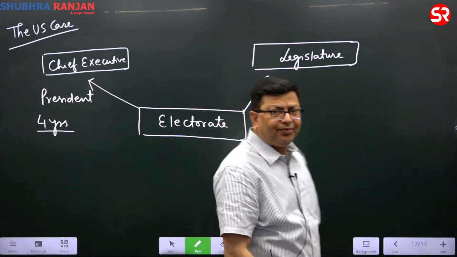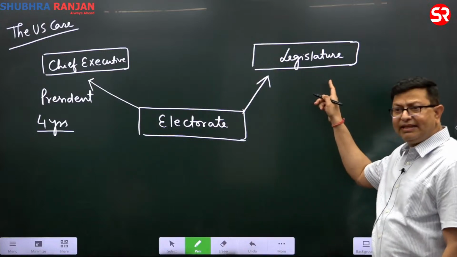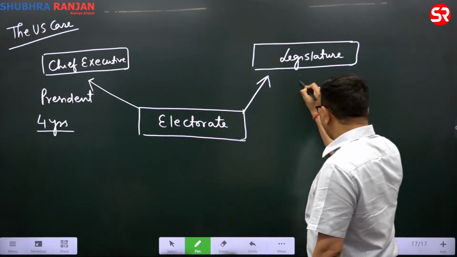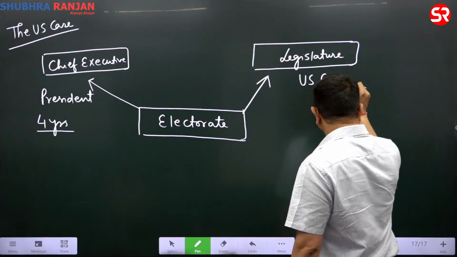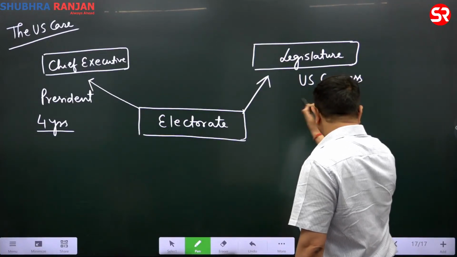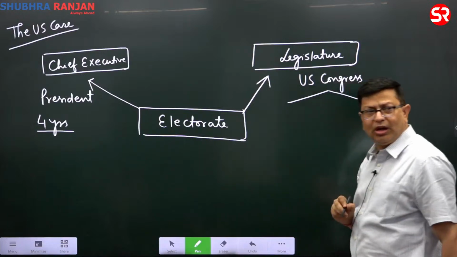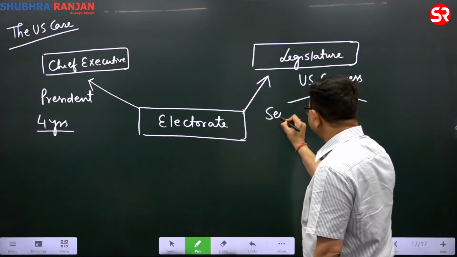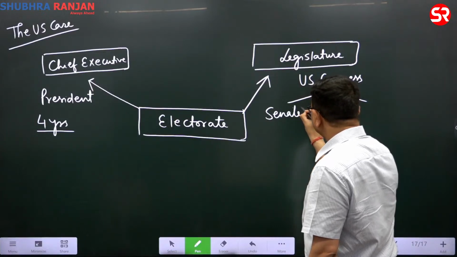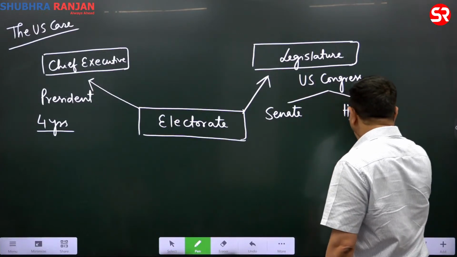And the legislature, that is the US Congress, has 2 houses, the Senate and the House of Representatives.